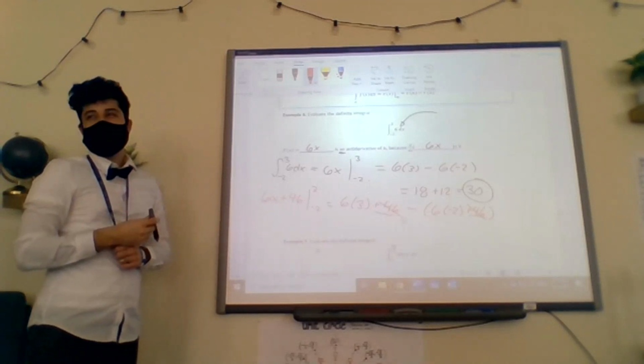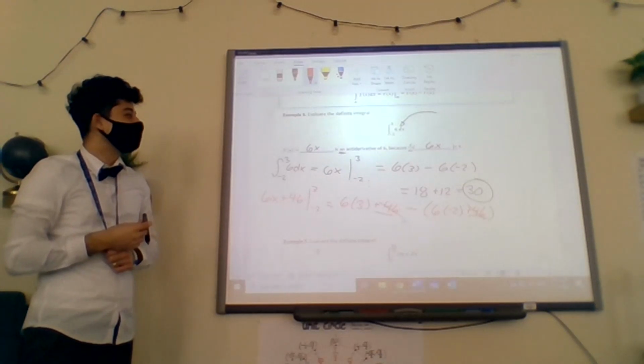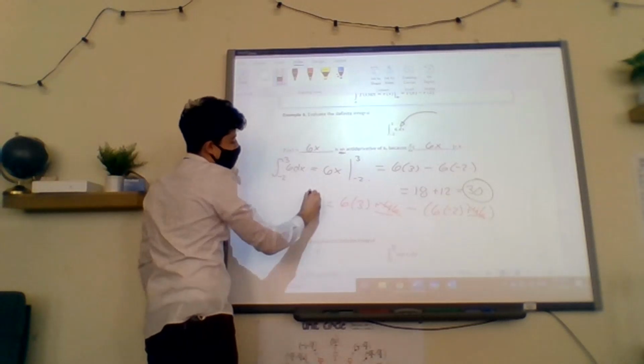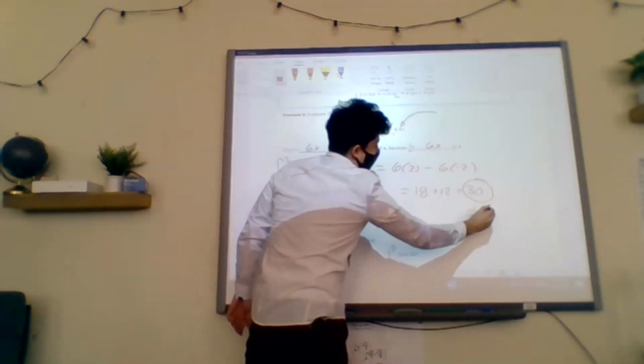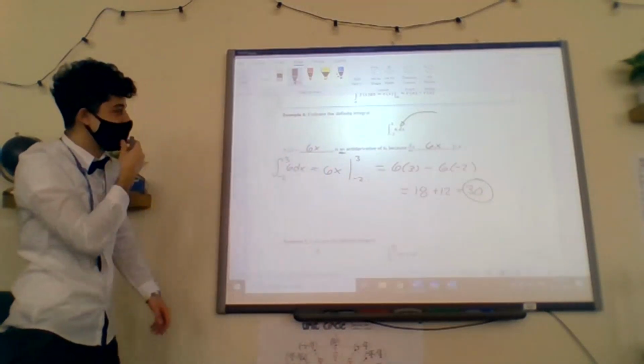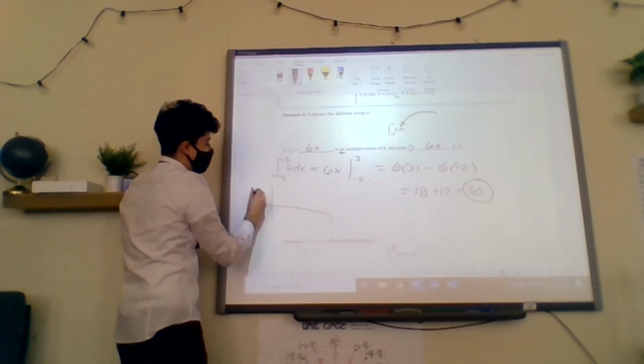What else was I going to say? Oh, yeah, another thing to connect it back to what we already know. This particular integral we could have gotten without the fundamental theorem, because remember this function 6 is just a straight, horizontal line.